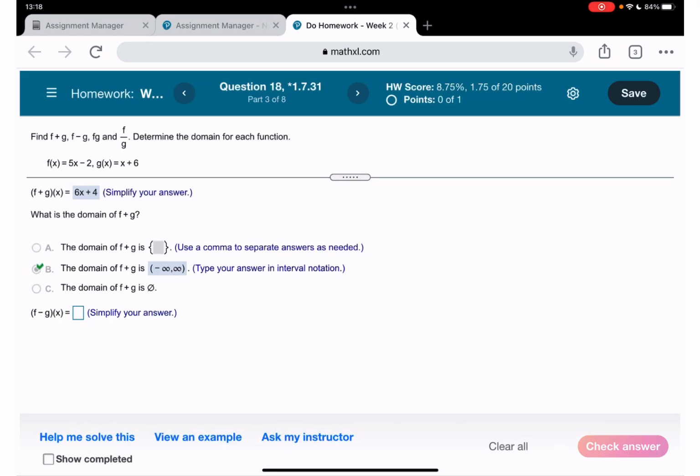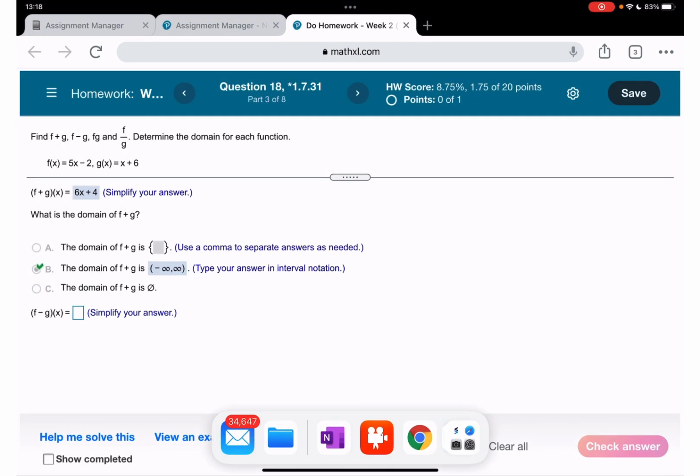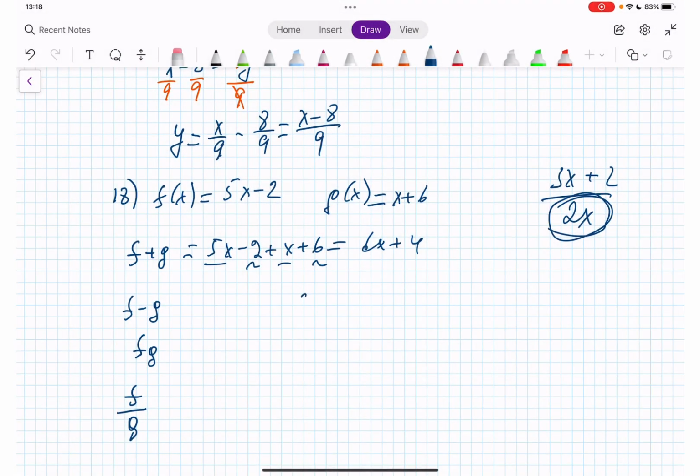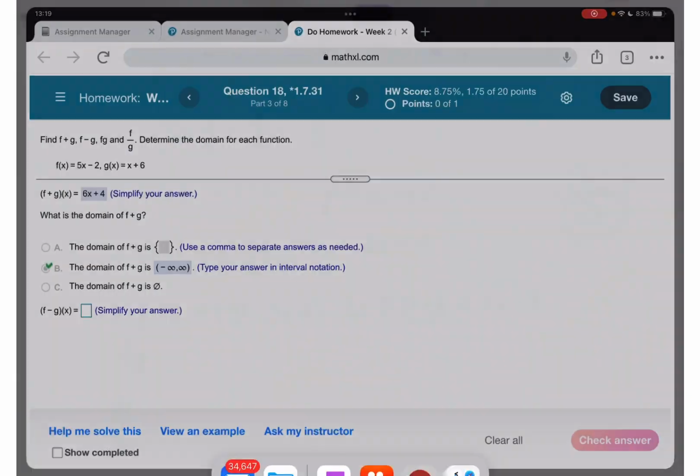Now we need f minus g. It is equal to 5x minus 2 minus x plus 6. So it's 5x minus 2 minus x minus 6, right? A negative sign in front of parentheses flips every single sign inside. So we get 4x minus 8.